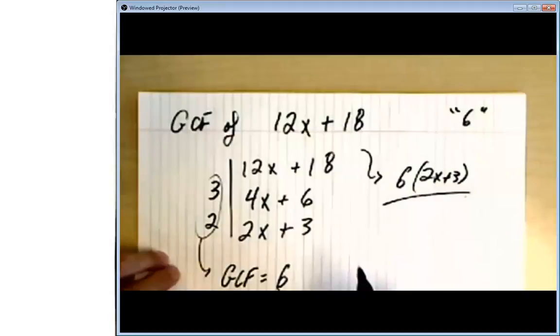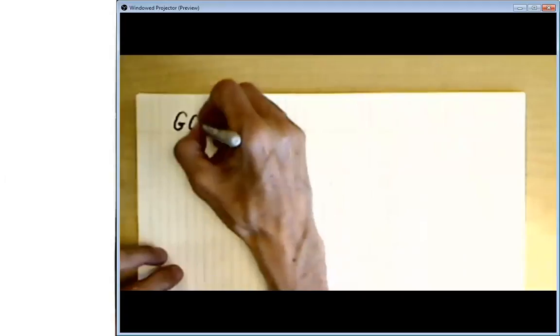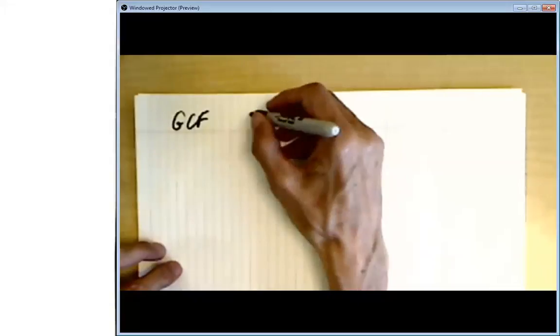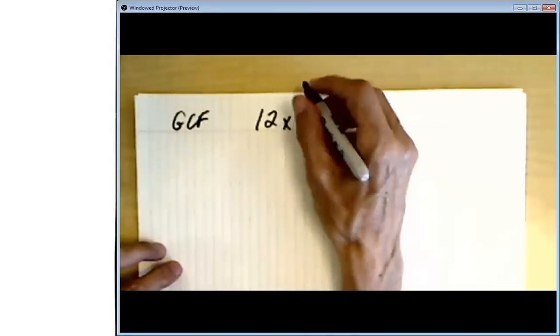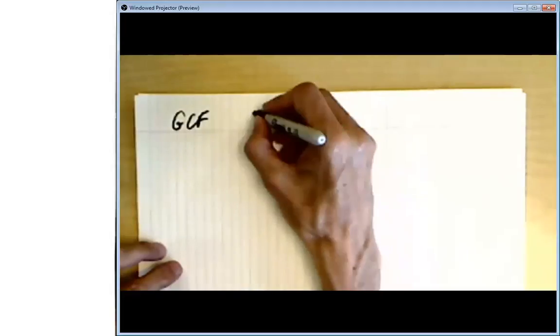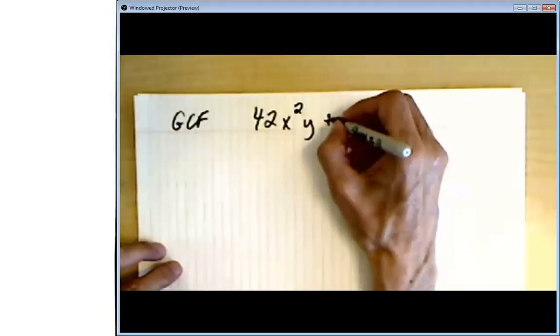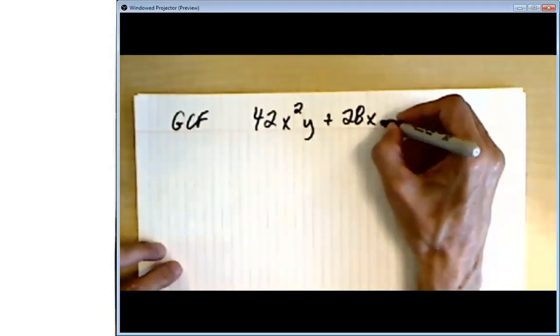All right. Next one then. Find the GCF of this one, just a little busier. 42x squared y plus 28xy.